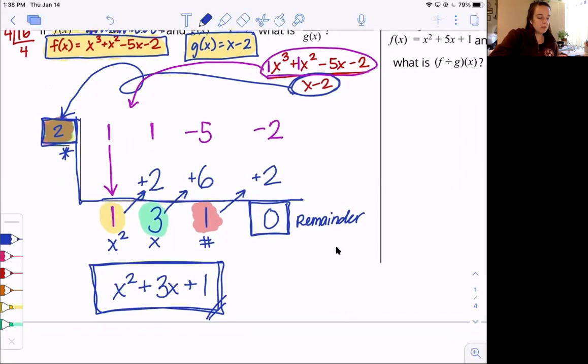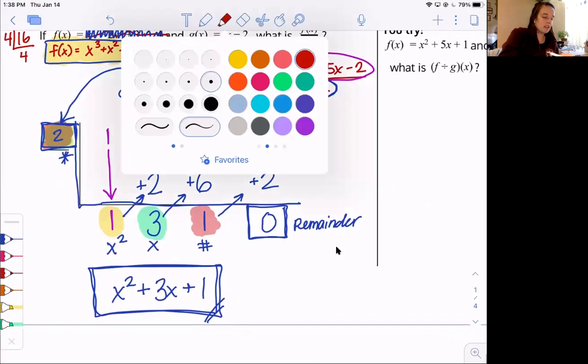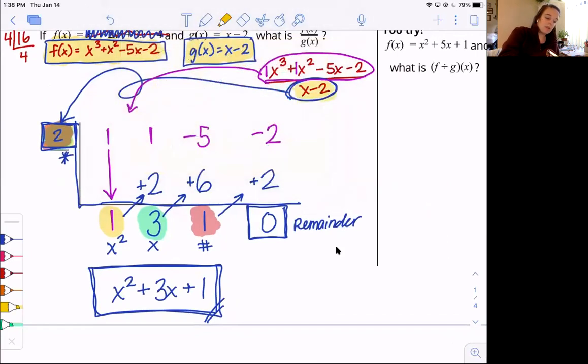So to review one more time, this is easy but somewhat complex. Yes, I agree. So we take this number, we flip it to put it right here. Then we take our coefficients and we put them right here, right?